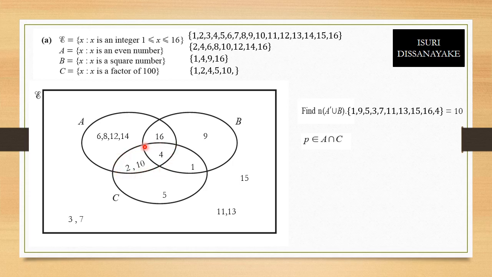We have 3 elements for A intersection C, that is 2, 10 and 4. So this particular P could be either 2, 4 or 10, any of it.